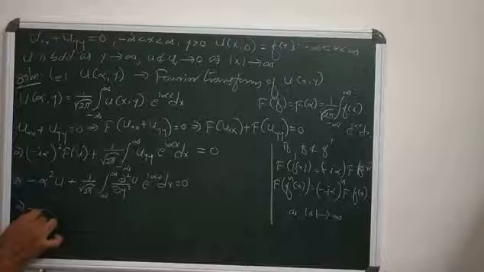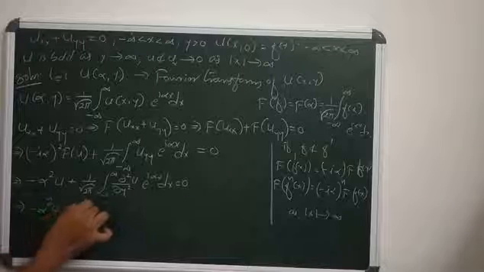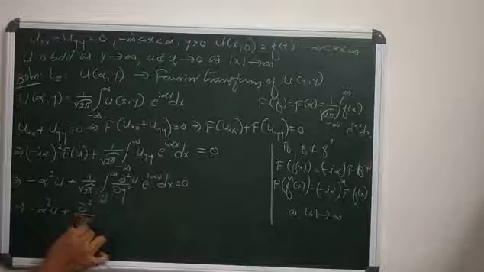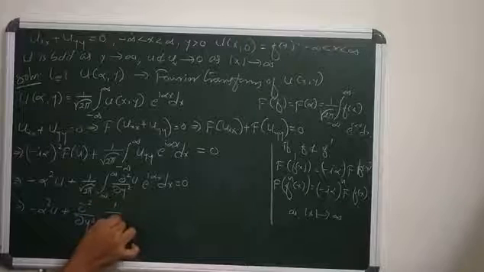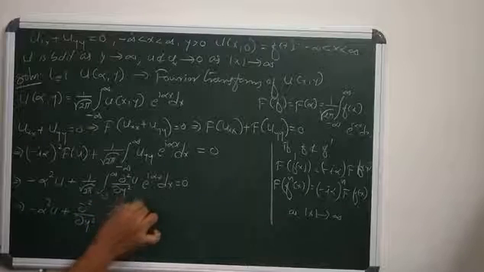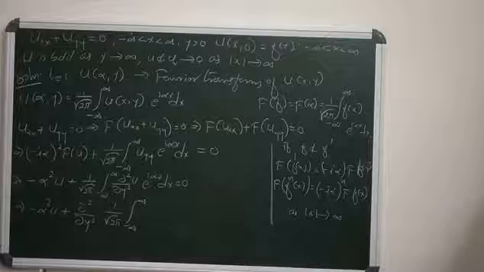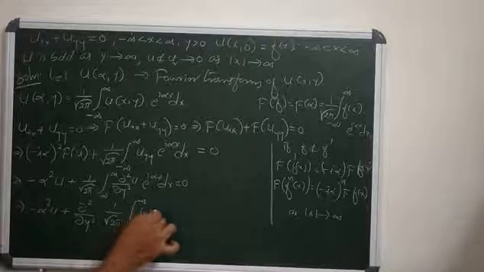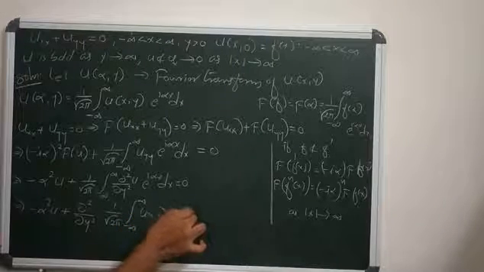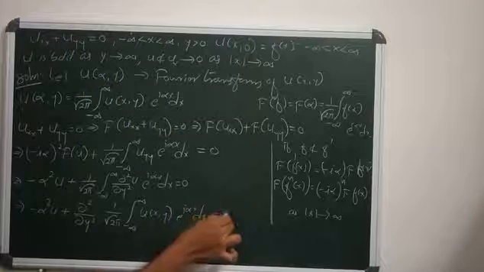That means minus alpha squared u plus del squared by del y squared of 1 by root 2 pi times the integral of u(x, y) e^{i alpha x} dx equals 0.